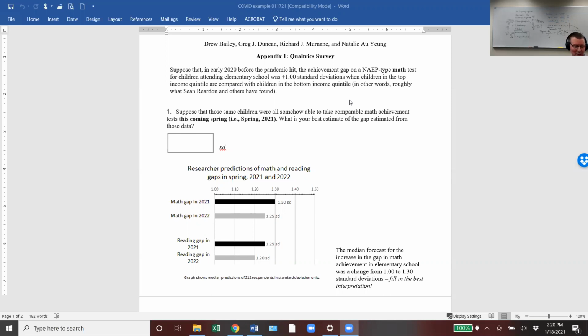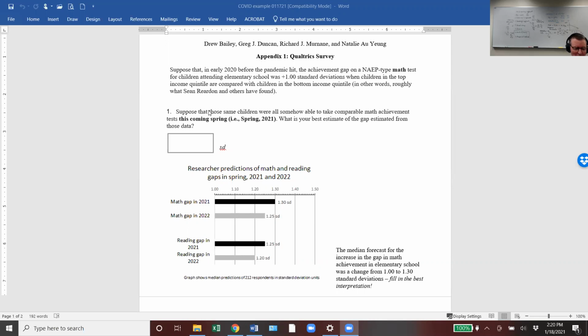It shows up in the ECLSK data. It shows up in a lot of other data sets as well. So if going into COVID, the gap was 1 standard deviation, we asked, and these are elementary school kids, we wanted to standardize that to some extent.